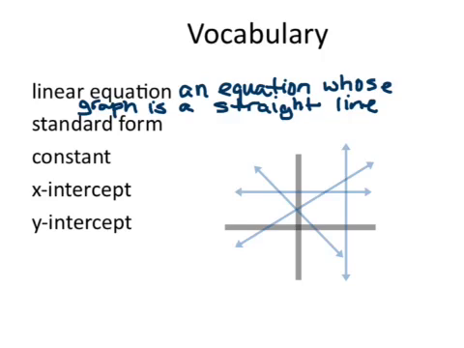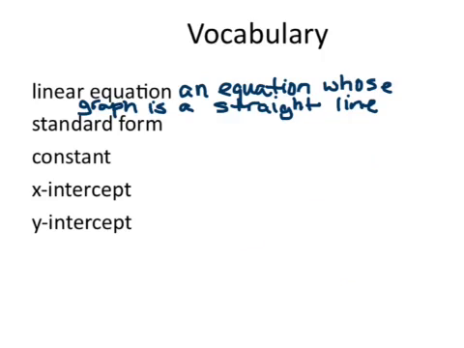All right, so when we talk about linear equations, it's important to note that all linear equations can be written in standard form, and that is ax plus by equals c, where a, b, and c are elements of the set of integers.